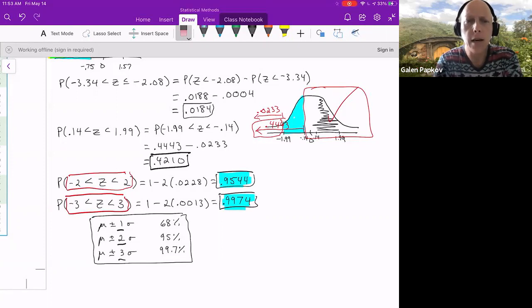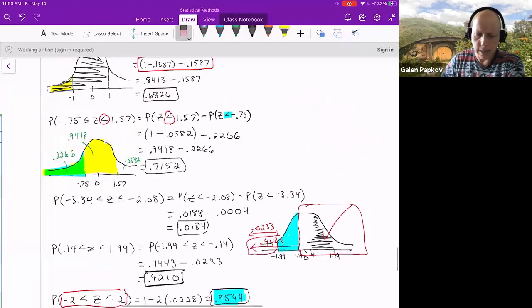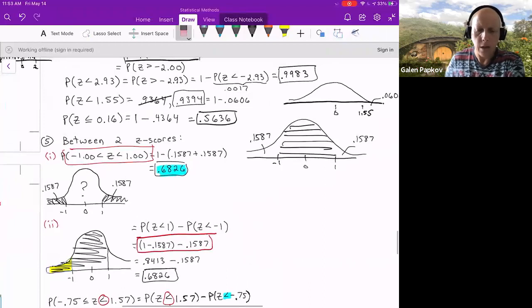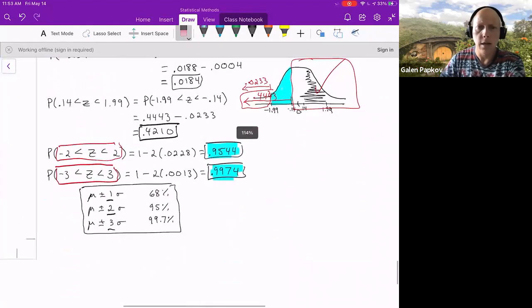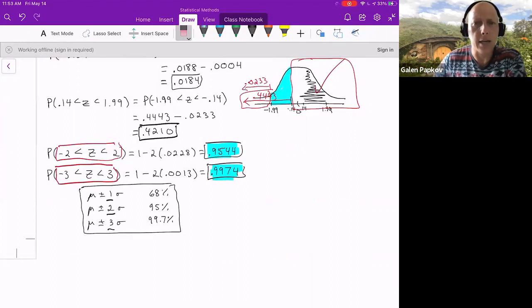And the reason that I had you go through this is because last class, I believe it was the last one, you had learned about the empirical rule, which says that 68%, the number highlighted in blue, 0.6826, 68% are within 1 standard deviation of the mean. And for standard normal, that is 0 plus or minus 1 times 1. 95% is within 2 standard deviations, and 99.7% is within 3.